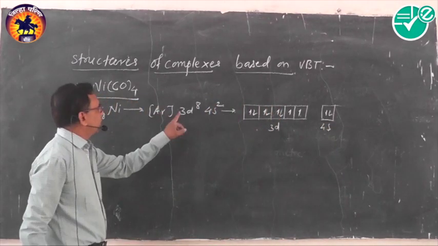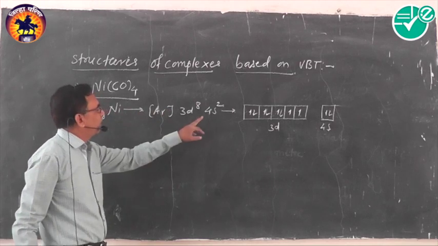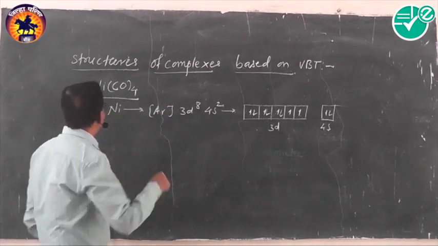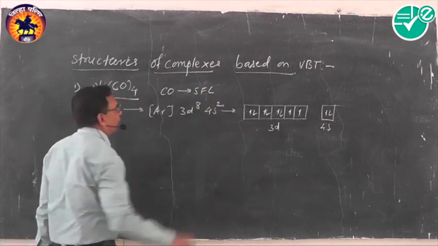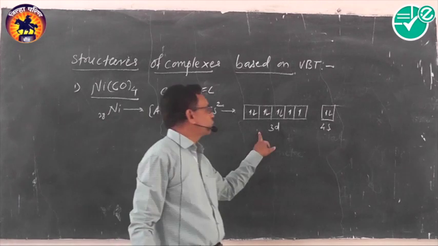Now, since this nickel is in ground state, since this CO is a strong field ligand, it causes pairing of electrons.